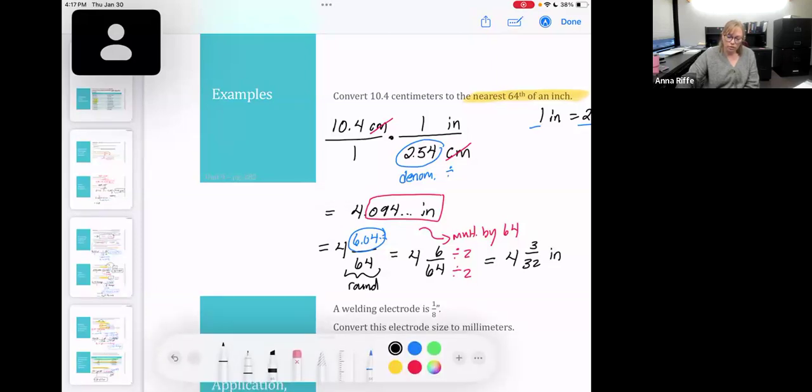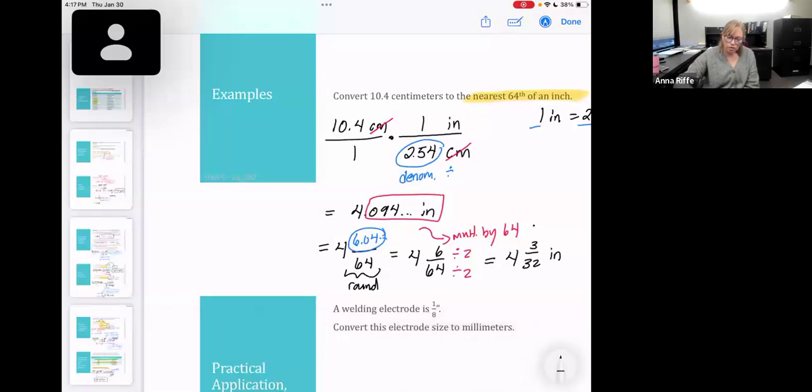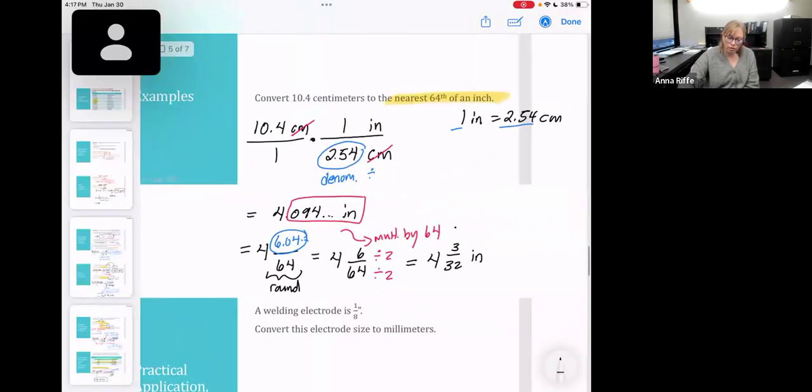So we have converted 10.4 centimeters to the nearest 64th of an inch, using a unity fraction and stuff that we talked about first class.